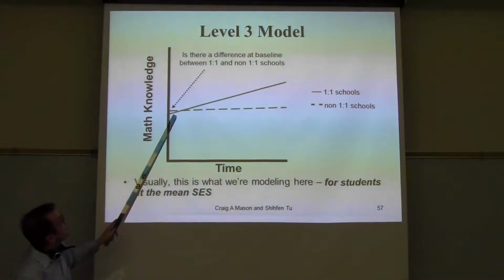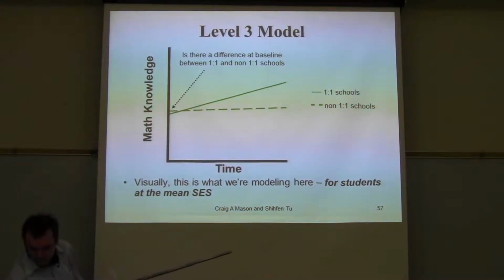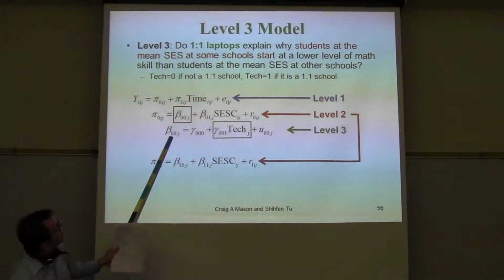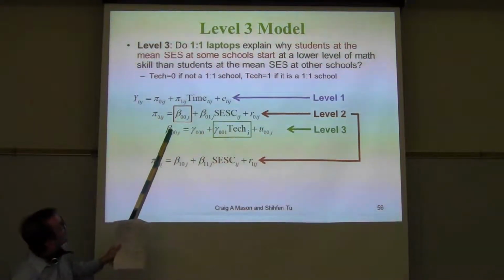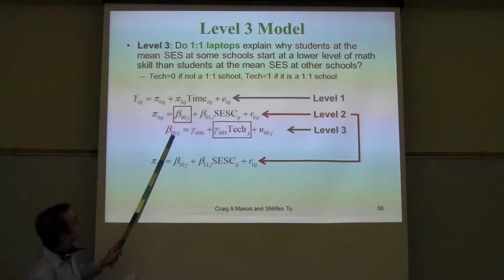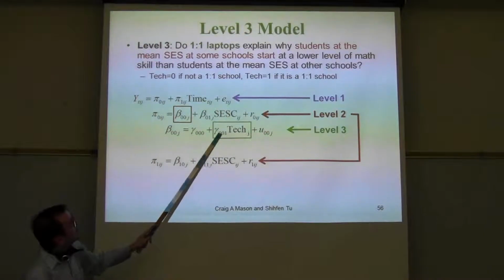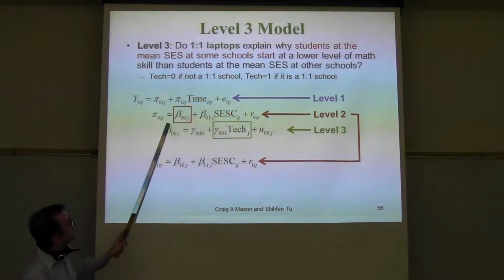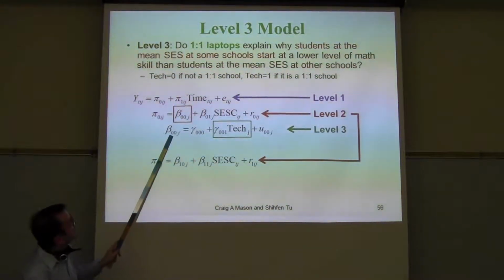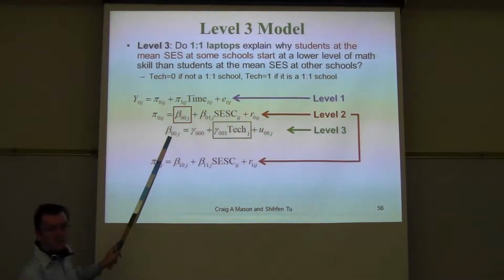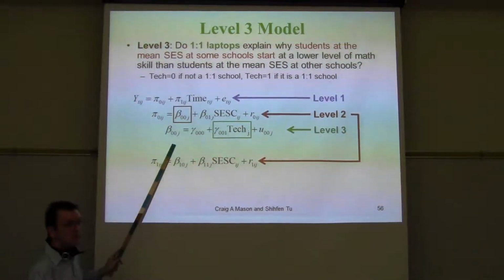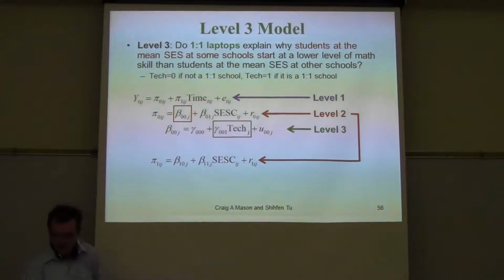So what we're asking, at this first model, what's beta 00J, is, do those one-to-one laptops explain variability, or explain why those students at the mean SES, those average students at a school, start off higher or lower, kind of at that mean SES, how are they doing?